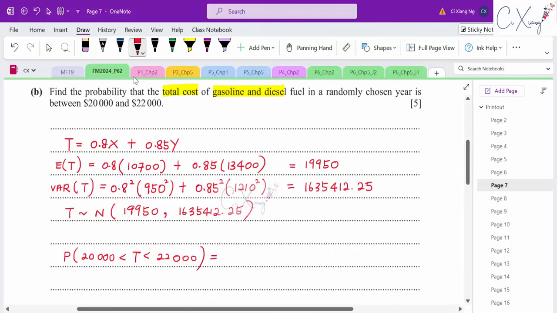Since I know that T is normally distributed, to find the probability, again, I need to standardize them. So minus the mean for T divided by the standard deviation.